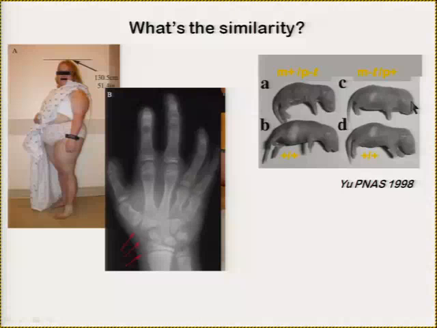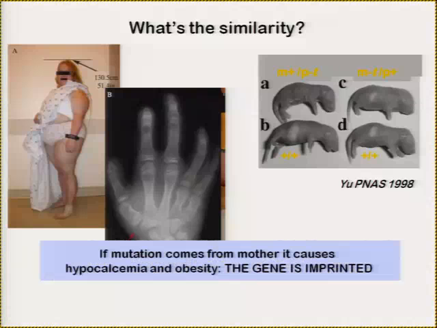But the answer to the question of what's the similarity, it's the same gene on the left and on the right that's mutated. And this mutation, if it comes from the mother, besides causing a skeletal phenotype, it also causes hypocalcemia and obesity.